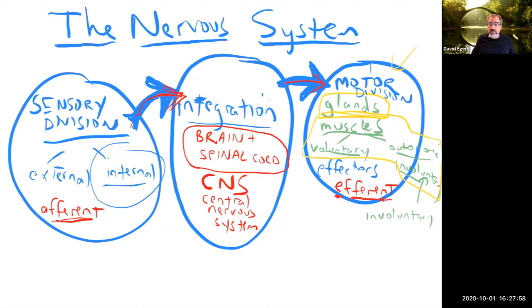And more than 99% of all your neurons are actually just the little interneurons wiring up all the little circuitry inside your brain and spinal cord. So there's a lot going on in your brain and spinal cord, as you no doubt know. These other two sides, the sensory division and the motor division, collectively we call the PNS, the peripheral nervous system.